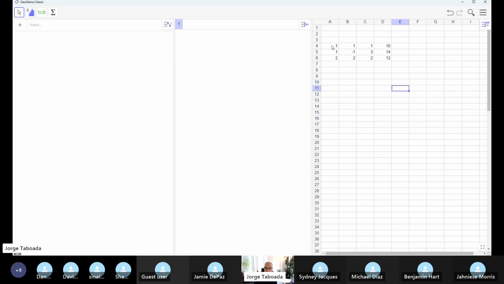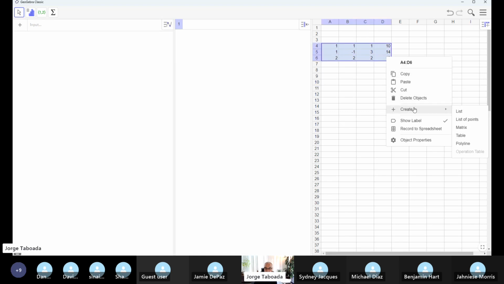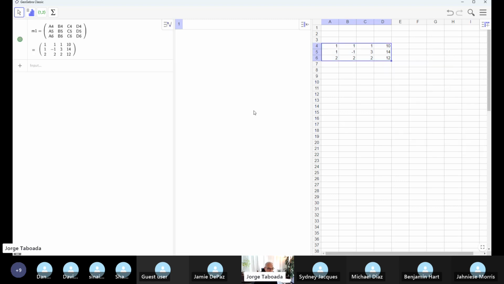Okay, so this is the augmented matrix. I select everything, create the matrix. I don't want to rename the matrix, I use the default name M1.